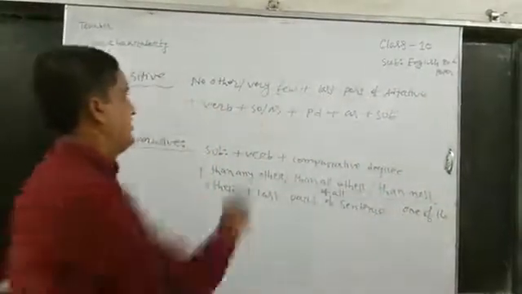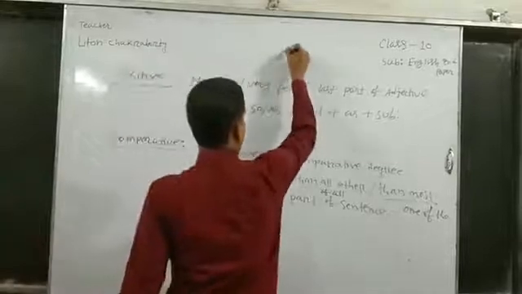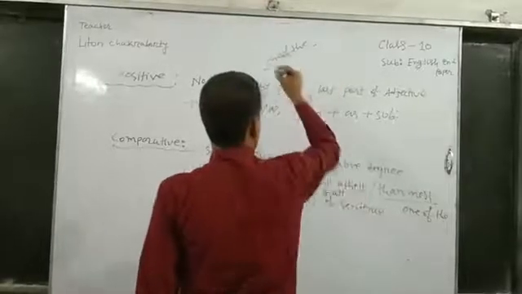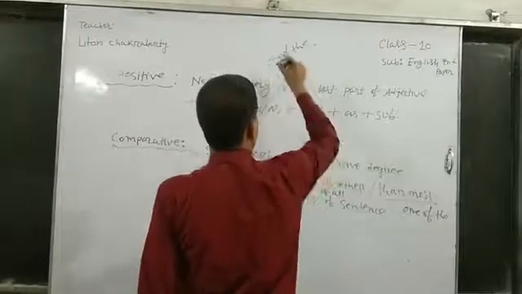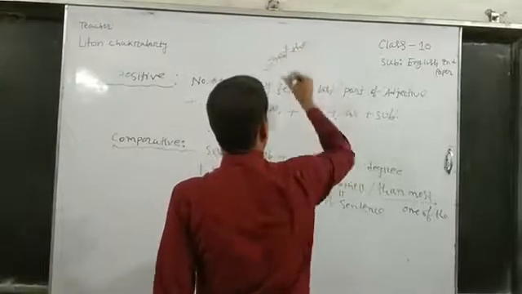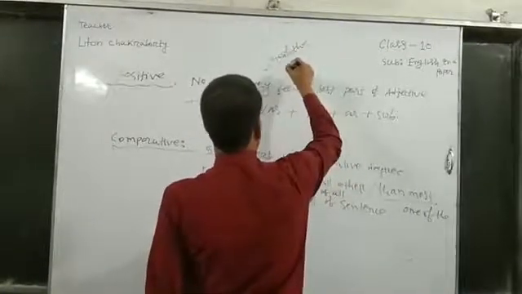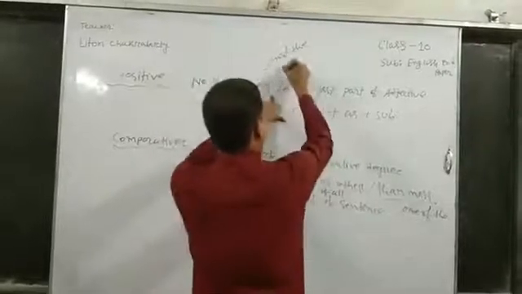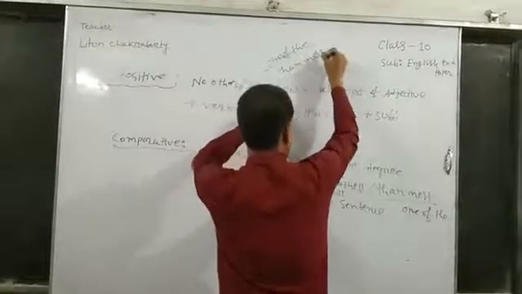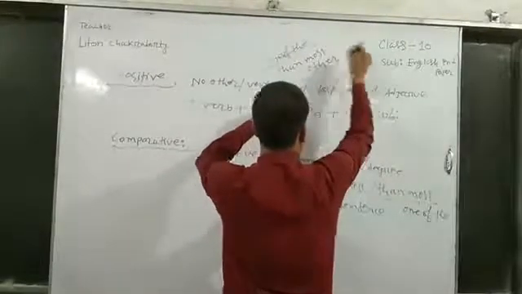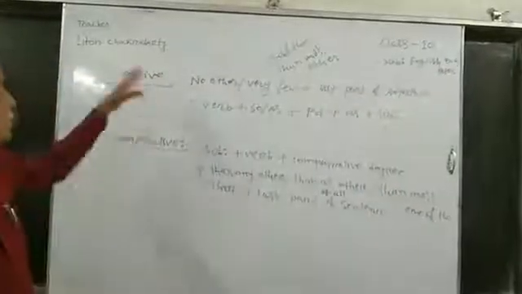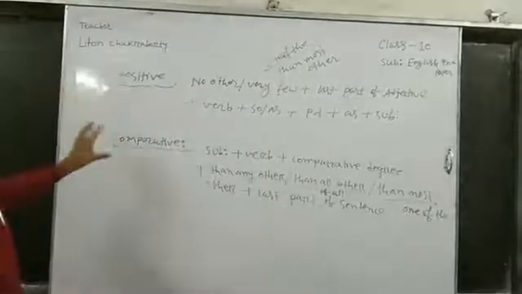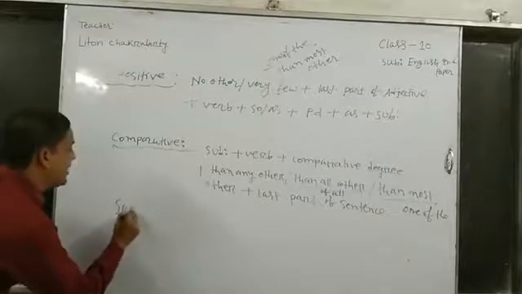In that case, if you get one of the, then you must write very few and then most other. You will follow the structure of making positive, comparative, and now last is superlative.